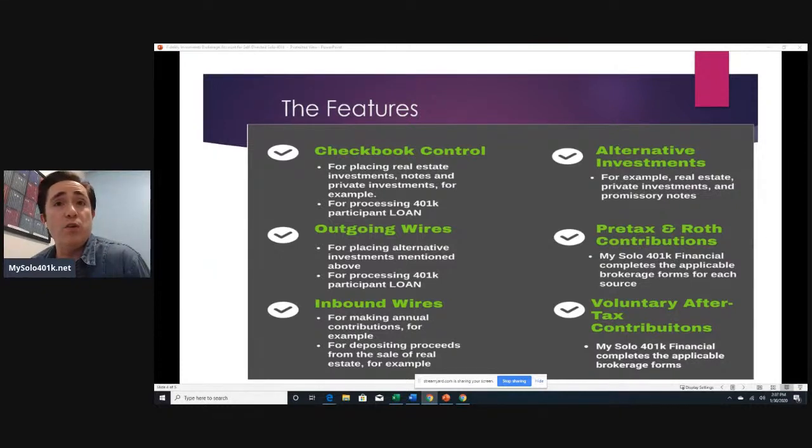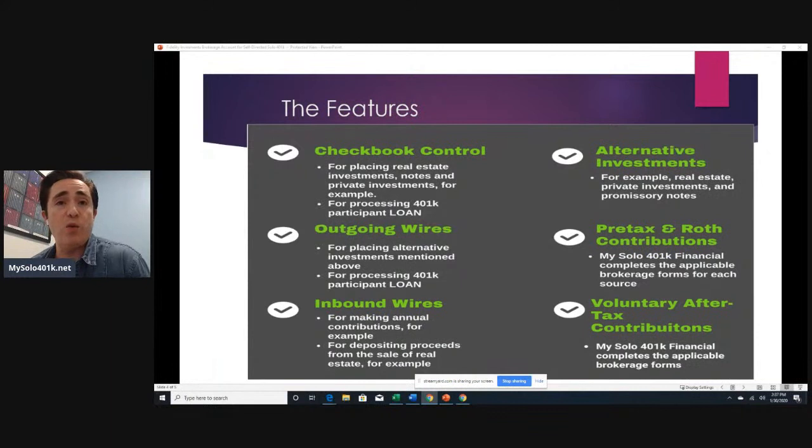Another feature is the ability to do outgoing wires. Fidelity has a form that you would use there to initiate that wire. So if you need to wire money to, say, a private placement that you're going to invest in, you could do that from the Fidelity account. If you're going to have inbound wires, that's something that Fidelity also would accommodate.